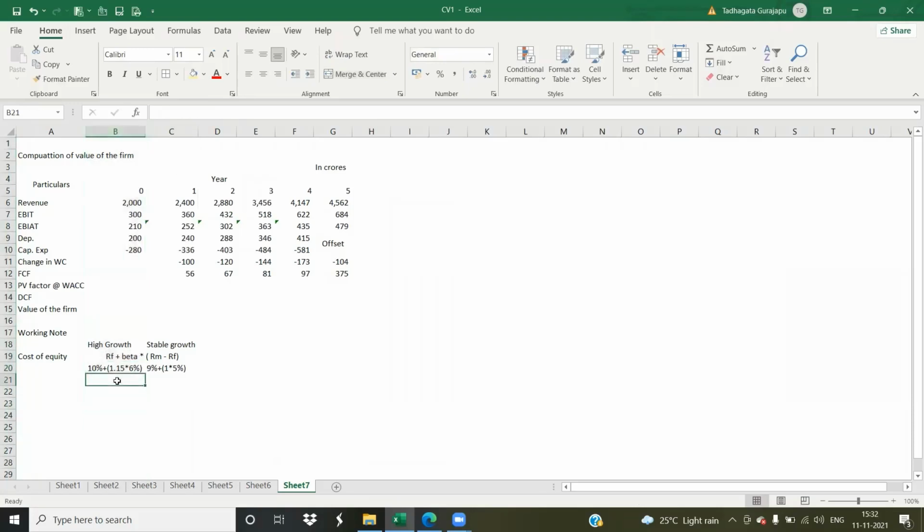So here you will get 6.9, 10, 16.9%. Here you will get 14%.